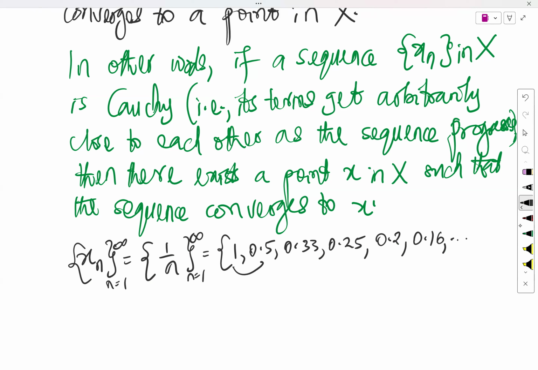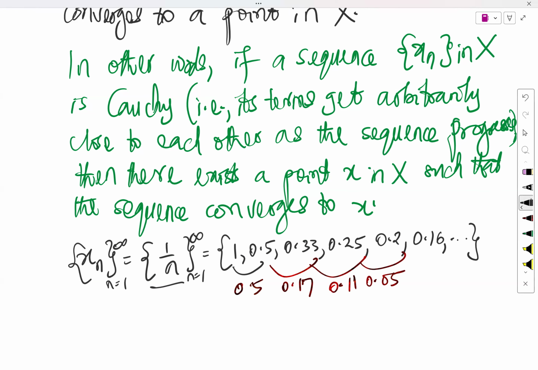And you see, as you go, the values are getting closer and closer together. The difference between the first two, for instance, is 0.5. Between the next pair, it's about 0.17. Between the next, it's 0.11. And between the next, it's about 0.05. So as the numbers progress, the values in the sequence get really close together. That's why 1/n is a very good example of a Cauchy sequence.